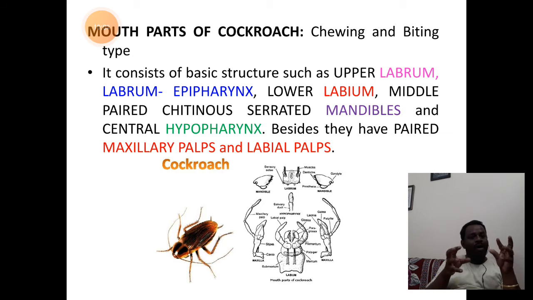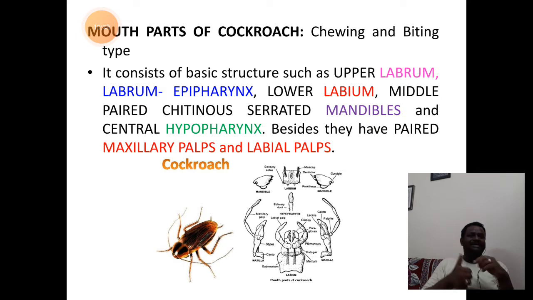The jaws are provided with sharp serrated teeth. So these chitinous hard structures which act as jaws, with teeth on them, are called mandibles. This is the fourth part. They are the true jaws present in the organisms.